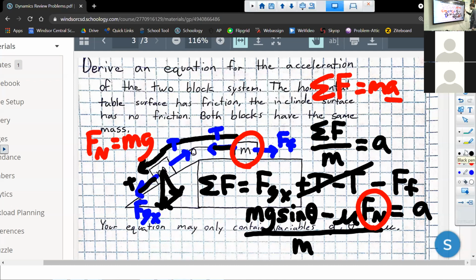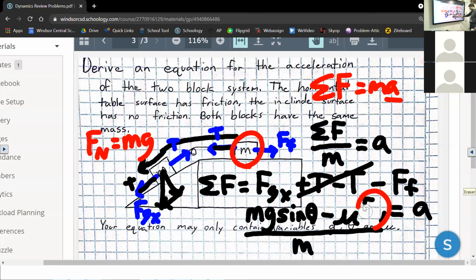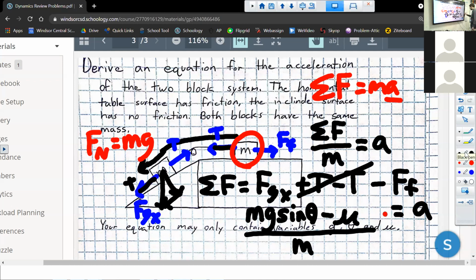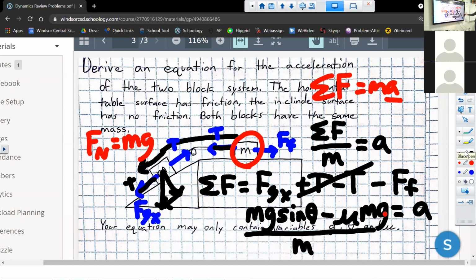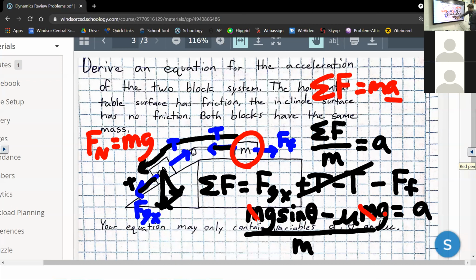So I can clear this out. Not normal force, we want mg instead. Now, this is useful because we can clear off all of the m's because m cancels out.